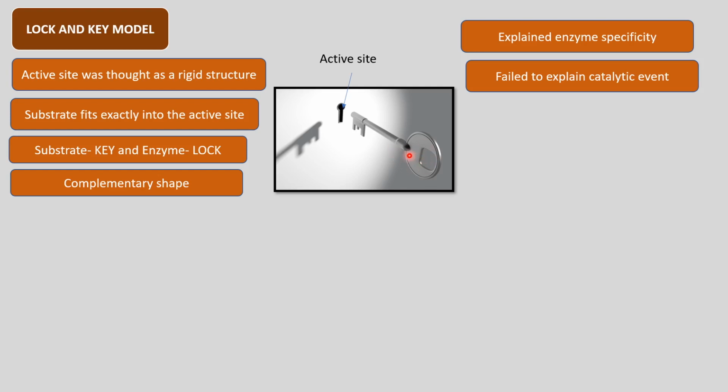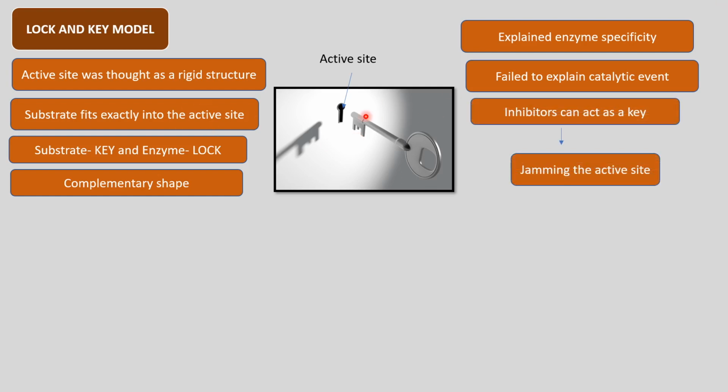So only that key which can match the keyhole of the active site will be able to bind to the enzyme. So this is like the correct key that can open the lock. So only a correct substrate will be able to bind to the enzyme because of the correct shape.